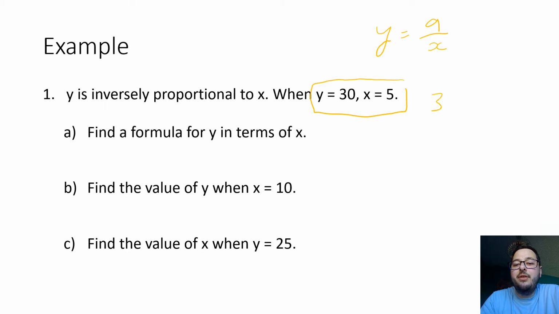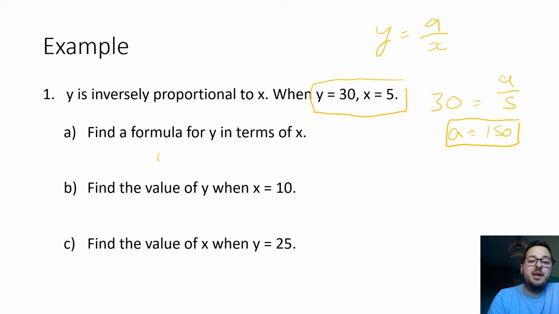So y is 30, x is 5. So 30 is something divided by 5, and we can times up by 5 to find out what that something is. So 5 times 30 is 150, so a must be 150. Okay, so our formula is going to be y equals 150 divided by x, and that is our answer.